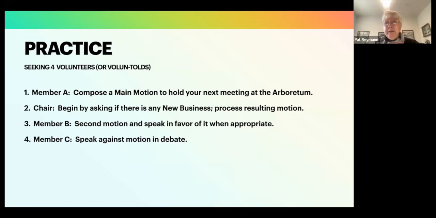It is moved and seconded to hold our next meeting at the Arboretum. Except you've got to say exactly the way she did, which was to hold the December 15th meeting at the Minnesota Landscape Arboretum. So you have to use her words. It is moved and seconded to hold our December 15th meeting at the Minnesota Landscape Arboretum.